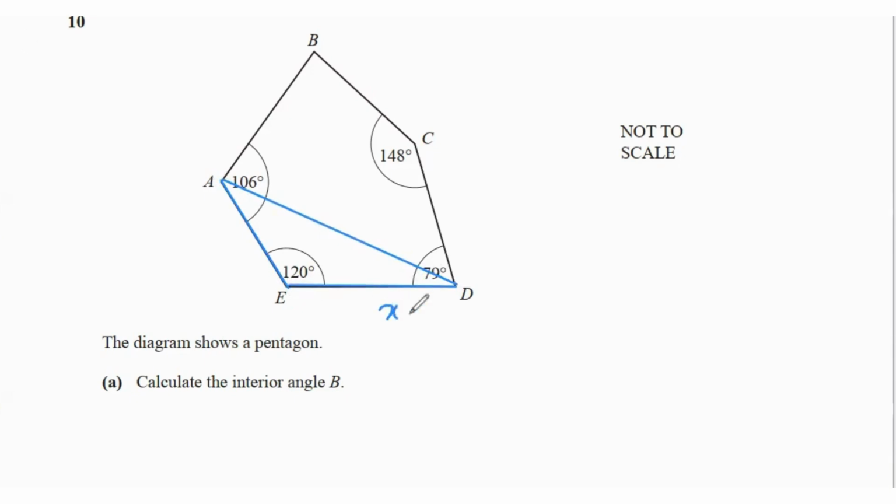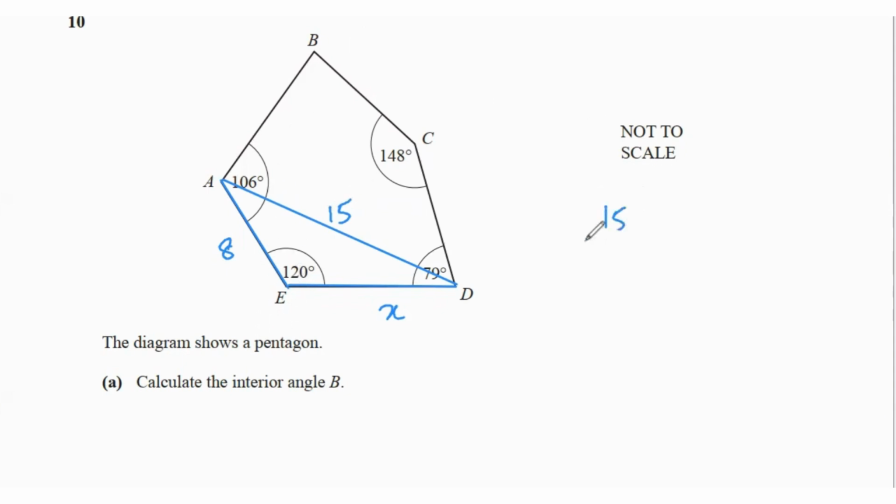ED is what they want us to find. AE is 8 and AD is 15. So we have two lengths and one of the angles. Since we don't have two lengths and the angle between them, we cannot apply cosine rule. However, we have one complete set of angle and length, which means we can apply the sine rule.